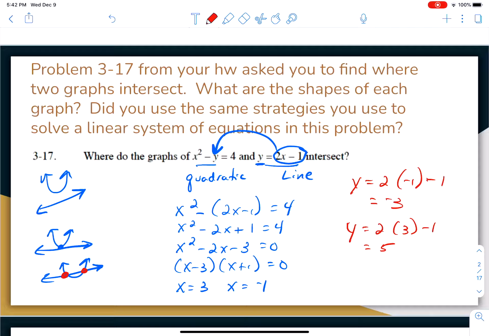So when I'm writing my final answer as ordered pairs, this line hits that parabola in one of the locations, x is negative 1 and y is negative 3, and the other location on the graph, x is 3 and y is 5.